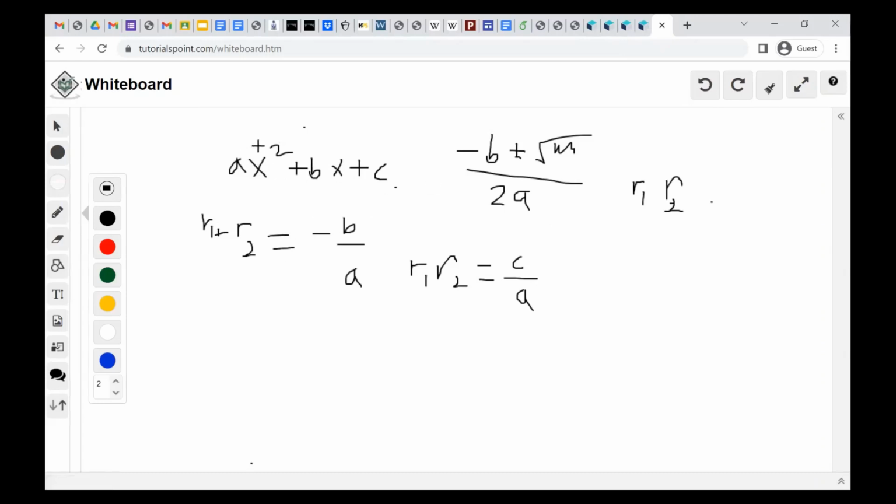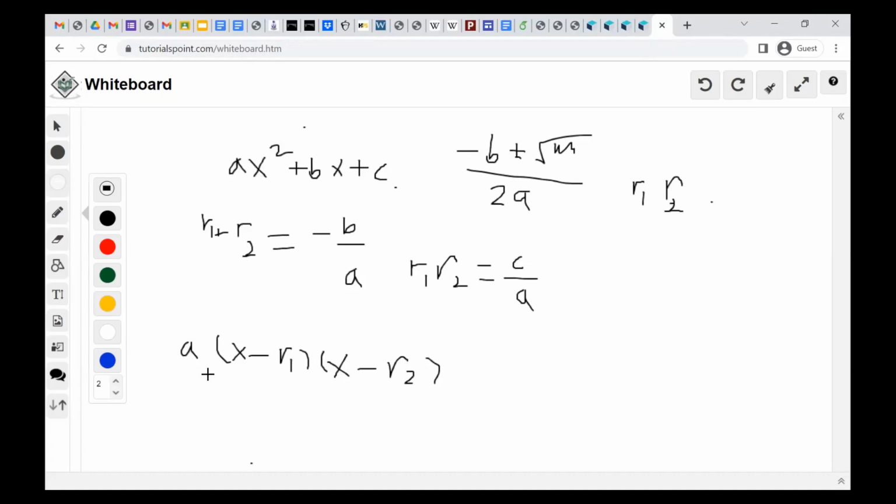The reason this is true is that if the roots are R1 and R2, then we can factor this polynomial as a times x minus R1 times x minus R2, since R1 and R2 are the roots and we need a here to take care of the leading coefficient.